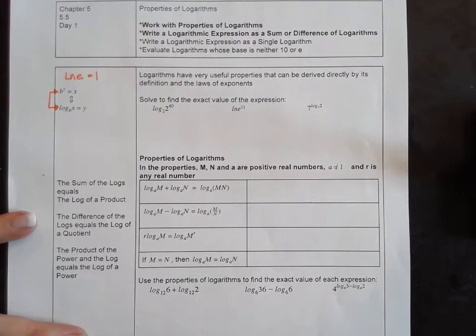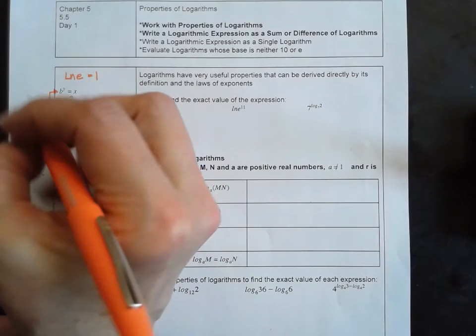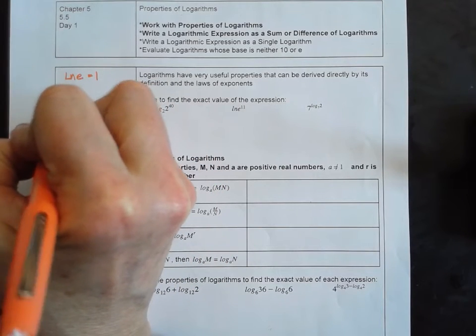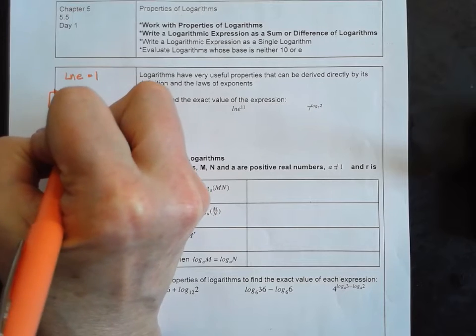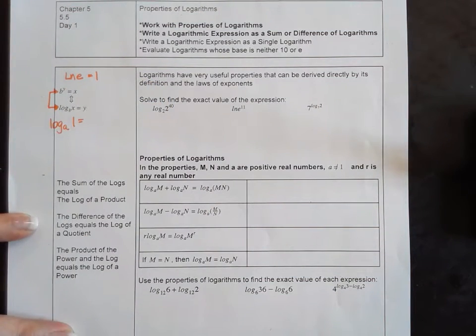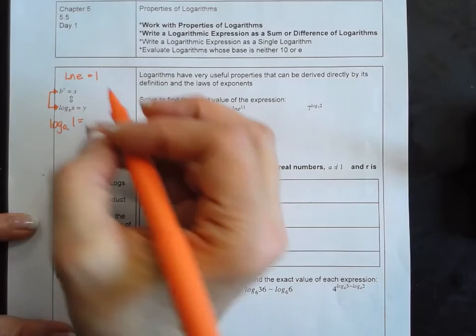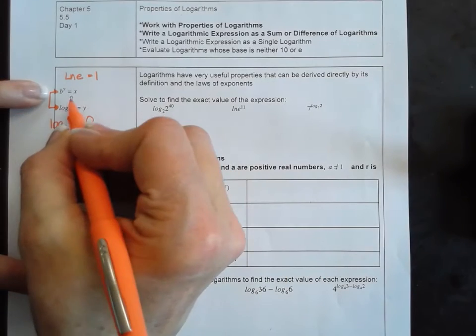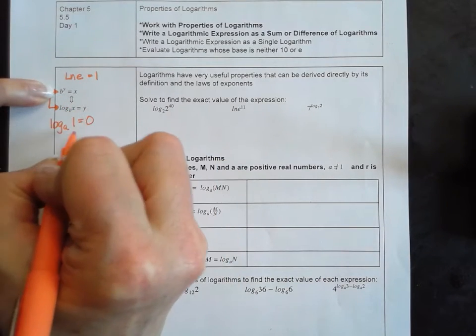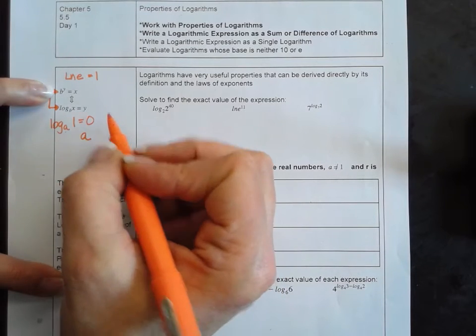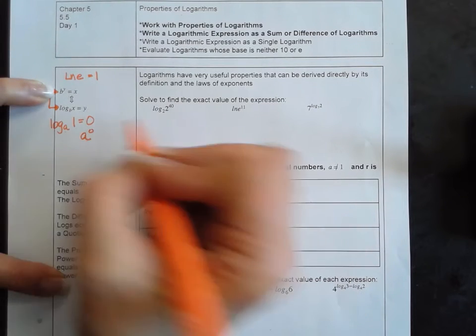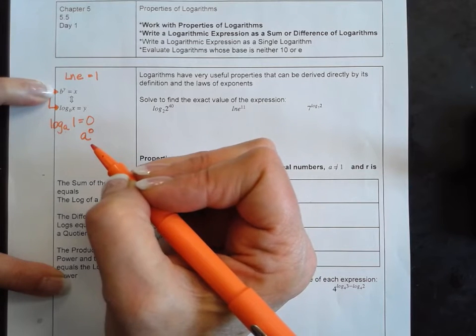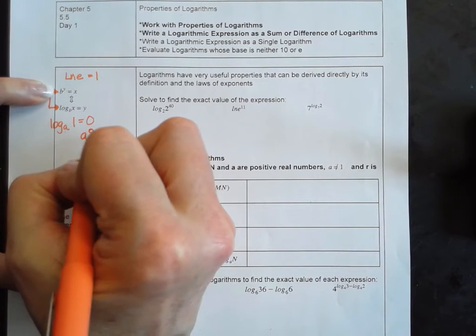And we have a couple properties. If I have the log of a1, that is always, always, always going to equal 0. Which makes sense because if I wrote that in exponential form, that would mean my base is a, my exponent is 0, and what's anything raised to the 0 power? 1.